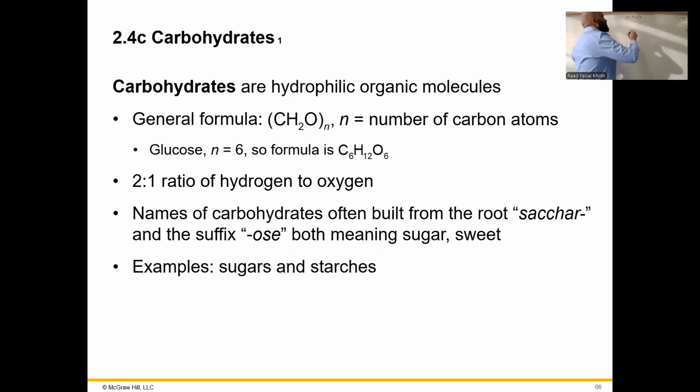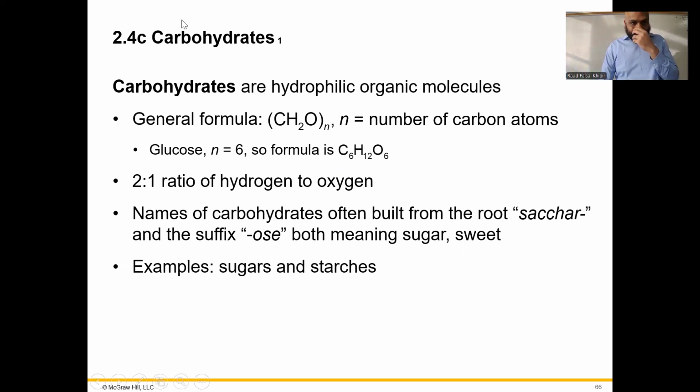So glucose is actually 6. Now we put 6 instead of where the N is. Okay, so now let's solve the formula. 6 times 1, that's 6. 6 times 2, that's 12. 6 times 1 for the O, that's 6. So glucose looks like that: 6 carbons, 12 hydrogens, and 6 oxygens.